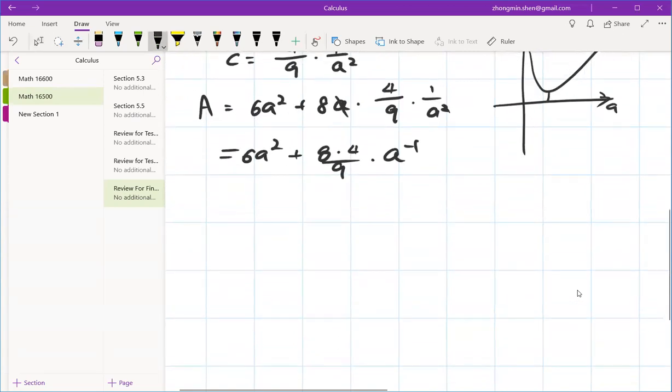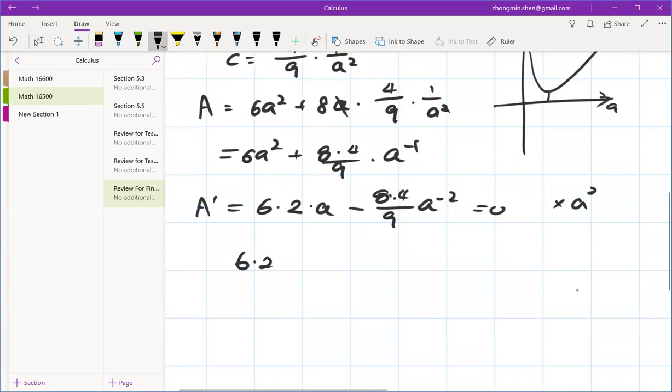Right. So let's find the derivative. 6 times 2 times A plus, it's minus now, and that's going to be 0. Right, so now we have to simplify it. You multiply both sides by A squared.